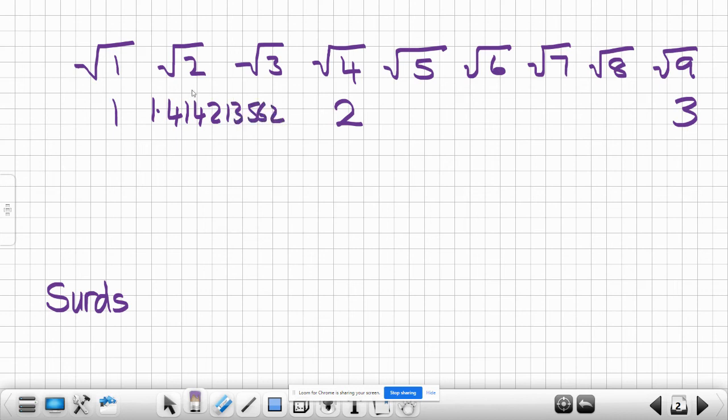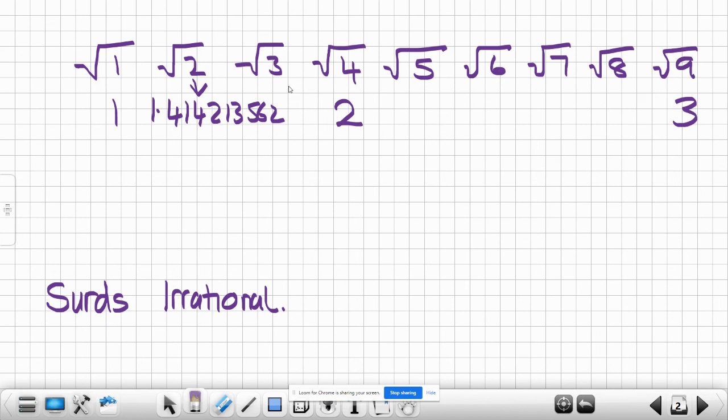So that's what appears on my calculator when I put in root 2. And this is known as irrational. It can't be given in a nice simplistic form. The most simplistic way to write that number is to write it in surd form as root 2.